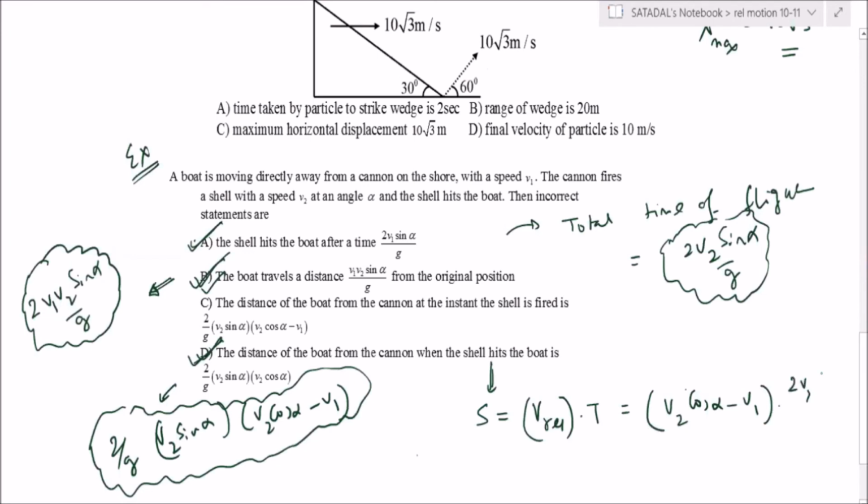What is the time of flight? 2v2 sin alpha by g. That is the time of flight, no? Yes, sir. So that I have put here. This term is actually given wrong in the statement. Here it is only given V2 cos alpha. Okay. Yeah.